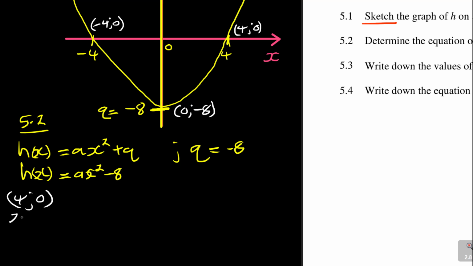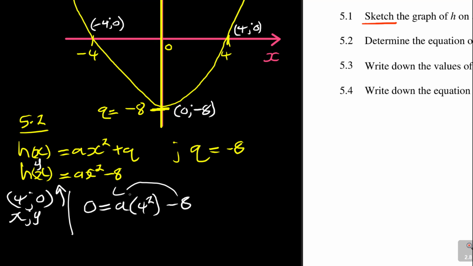Remember, this is x and this is y. You're going to substitute it here, where h of x is your y. So what I'm going to have is 0, where there is y, is equal to a, which is what I want to find, and then x squared is 4 squared, minus 8. Are you getting that? Take 8 to the other side.